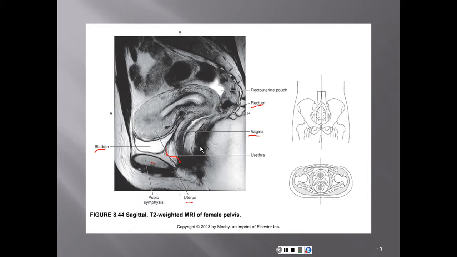This area would be called the perineum. The perineum is the area located posterior to the symphysis, posterior to the pubic arches, and anterior to the coccyx.